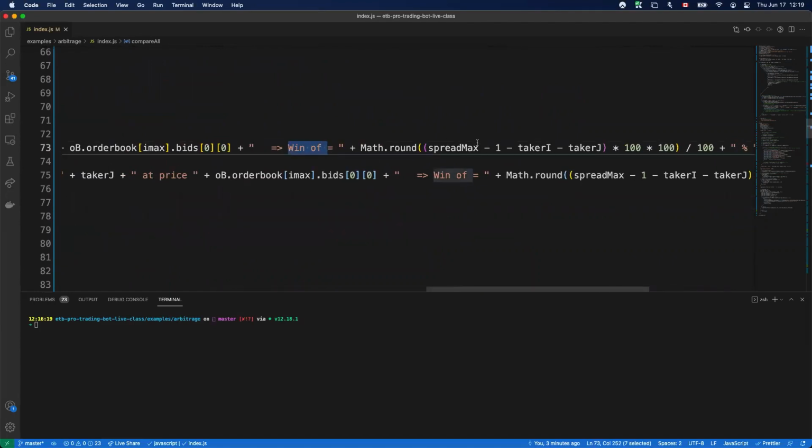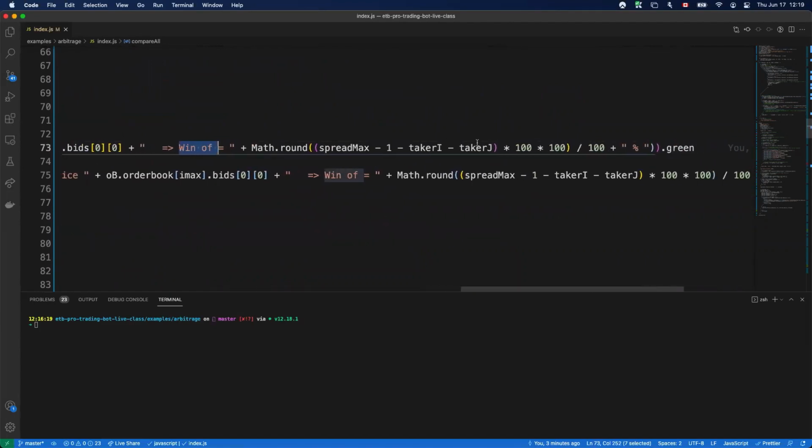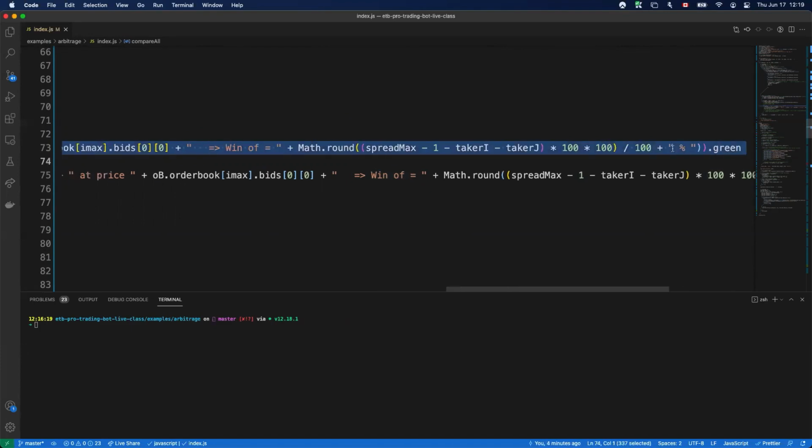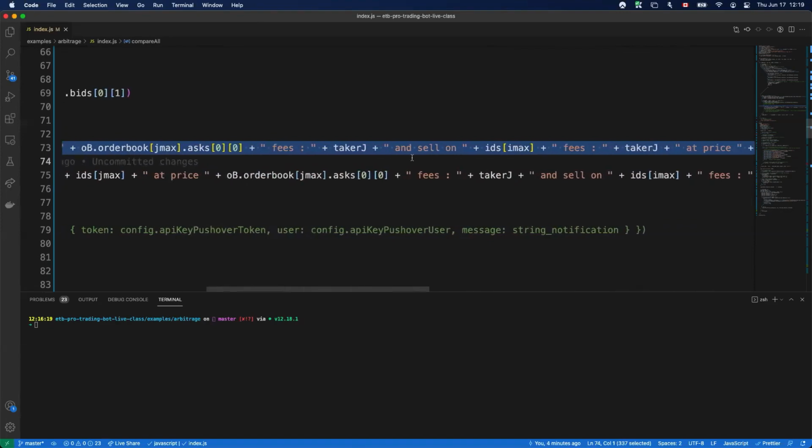It creates the profit the same way that we did it previously. Of course, in order to convert that into a percentage, we multiply it by 100, and we are displaying that in green color just because it's good news.